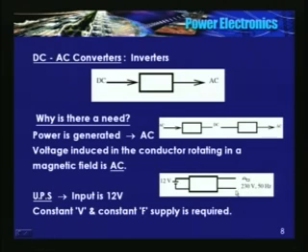One of the applications is that the output should be constant voltage and constant frequency. Remember, from a DC input, the output should be a constant 230 volts and a constant 50 hertz supply.